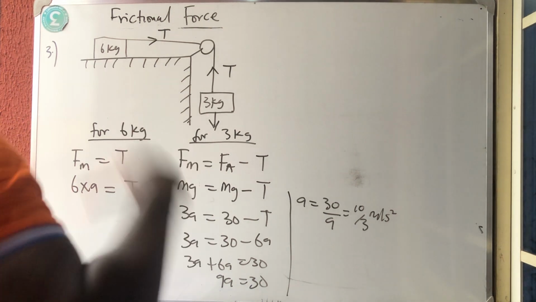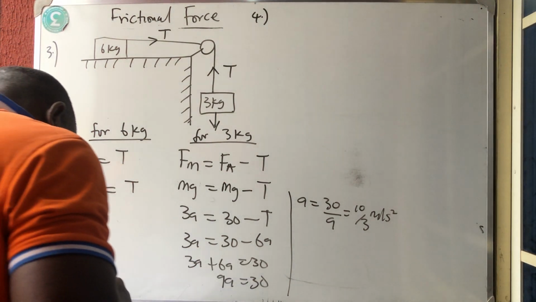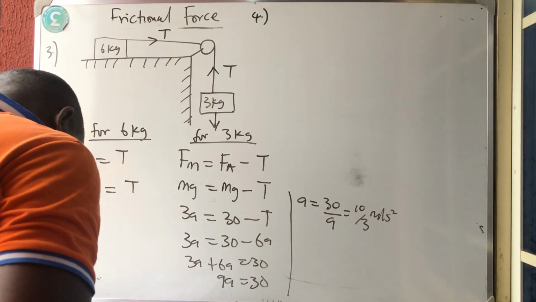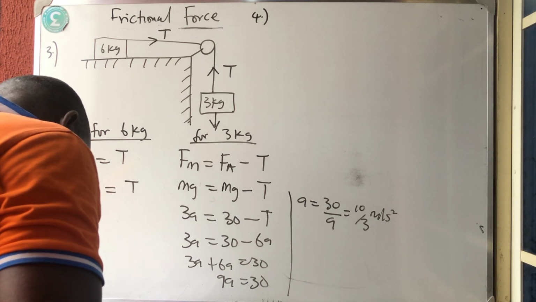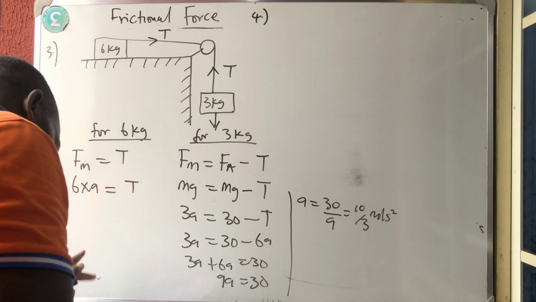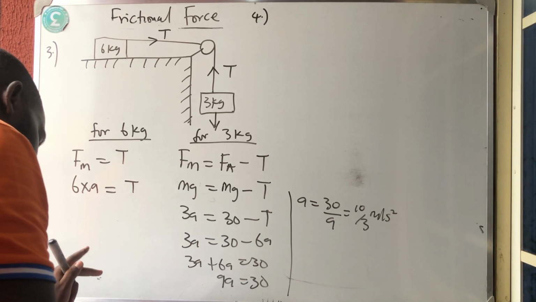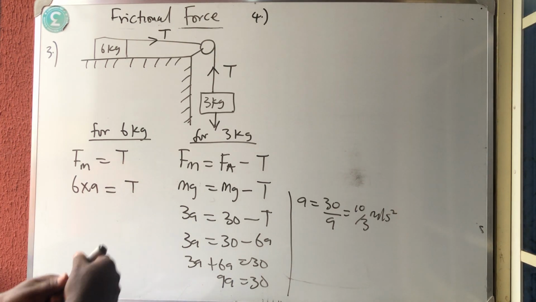So the next question, number 4. Number 4 said, calculate, if the coefficient of static friction in the question above is 0.5, we should still calculate the acceleration of the body.